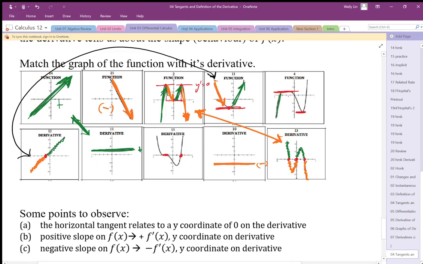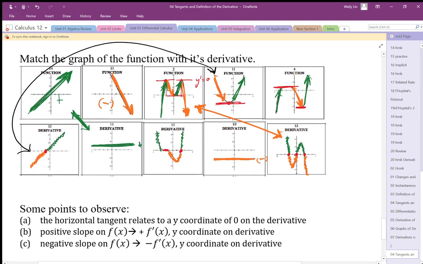Sloping up here and here, we have positive y here. We know it's sloping down through here, and through those same x coordinates we have negative y values, or negative slope values there. So the main idea is we can connect these graphs.